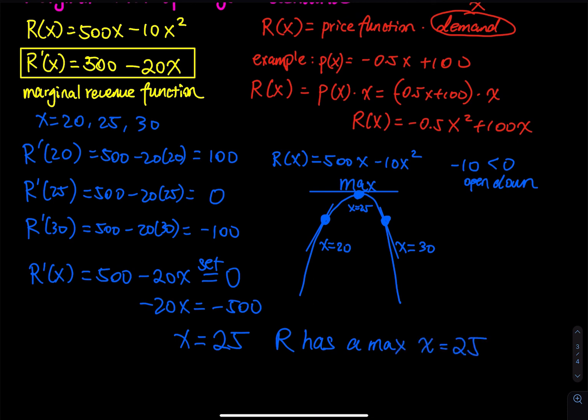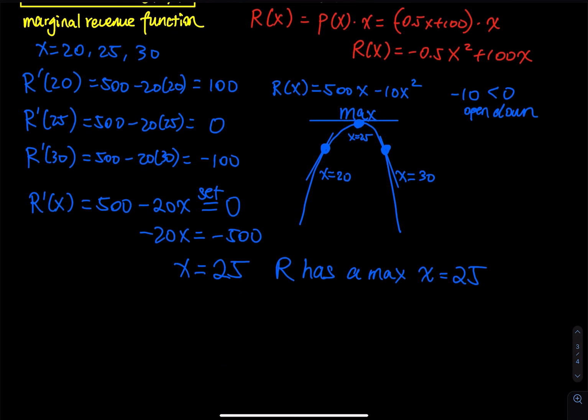How do I know that it's a maximum, not a minimum? Because look at the leading coefficient, the number right next to the x squared, that is negative 10. That means the parabola opens down, and at the top of the mountain, that is a maximum. What if that is a positive 10? If that is a positive 10, that means the parabola opens up like that, and at the vertex, we have a minimum.